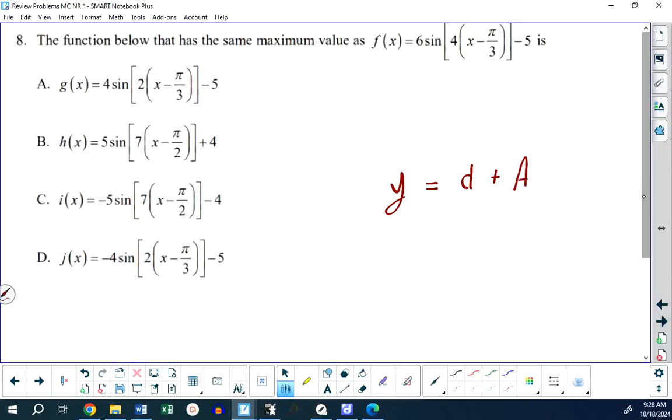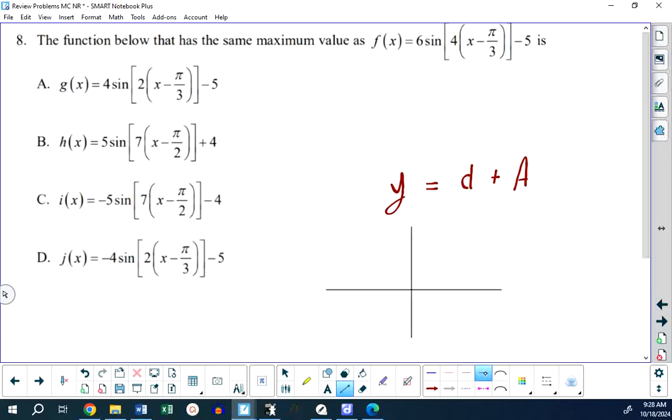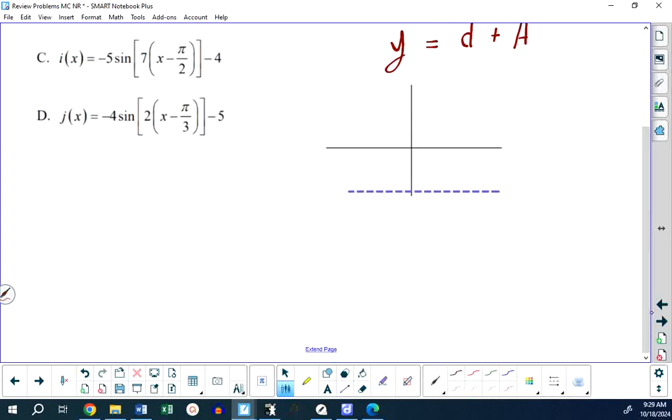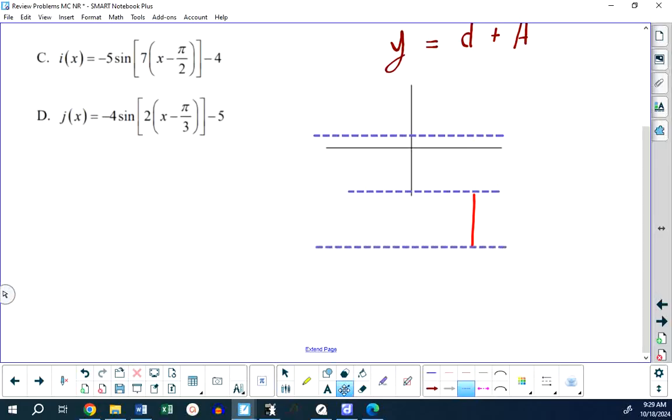Because if d over here is at negative 5, and the amplitude is 6, then we need to have a maximum that's 6 above that negative 5 and a minimum that's 6 below that.